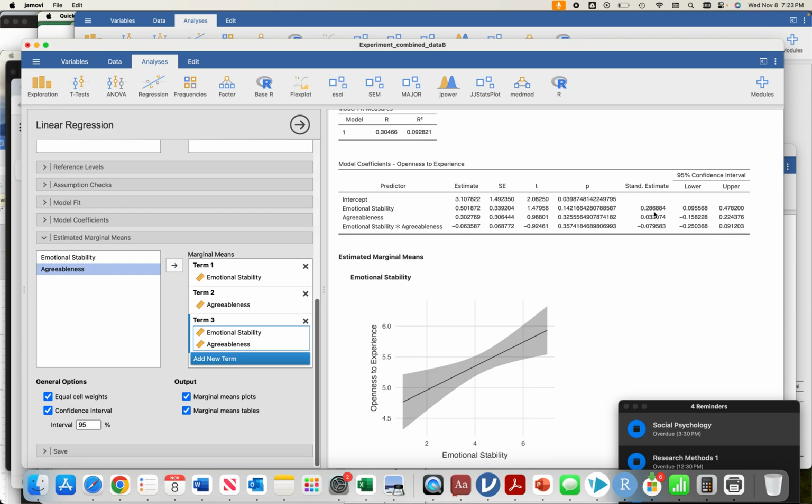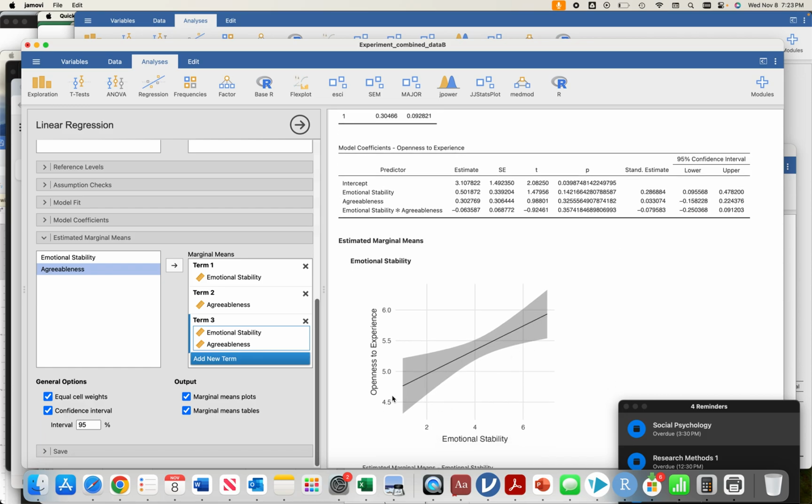The 95%, so this is your correlation, and you can see it down here. As emotional stability goes up, so does openness to experience, but the result is non-significant. This is inconclusive. If we do want to know effect size, I'm not going to ask you to talk about it in a non-significant result, but this is a near medium effect size in the sample. In the population, the effect size could be between small, because this is actually less than small, since 0.1 is small. So this is still a small effect.